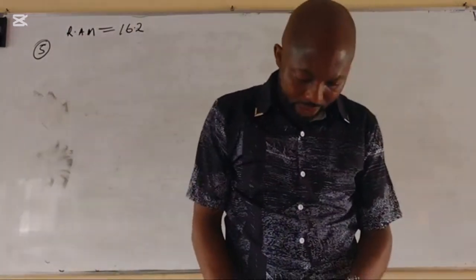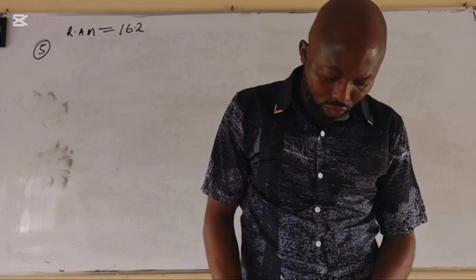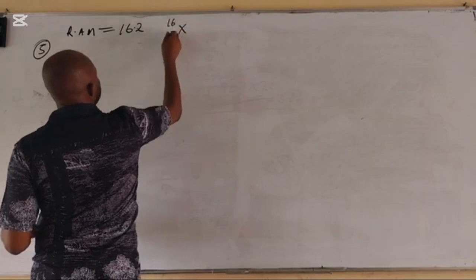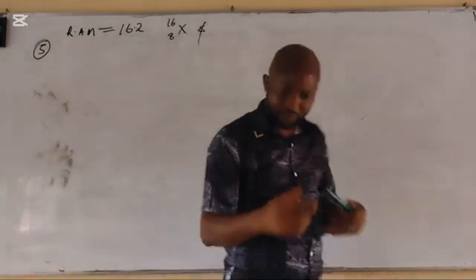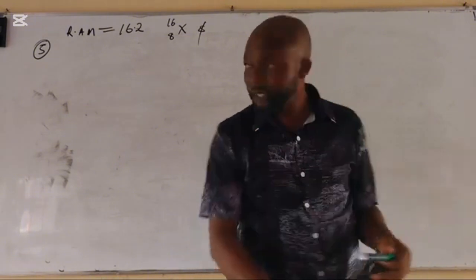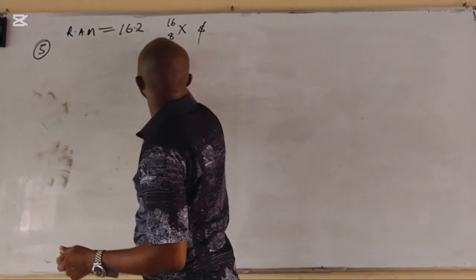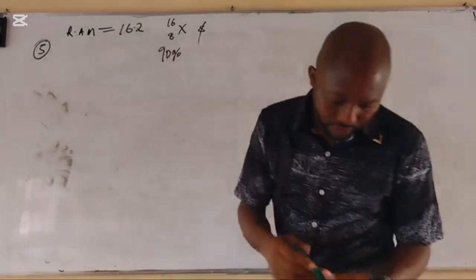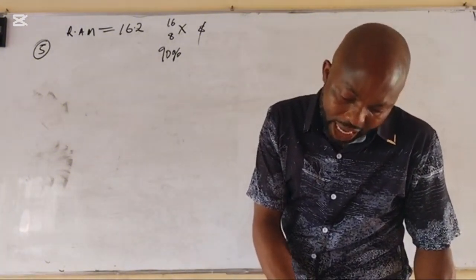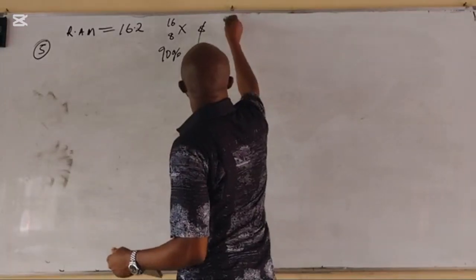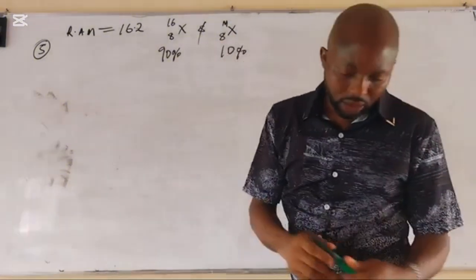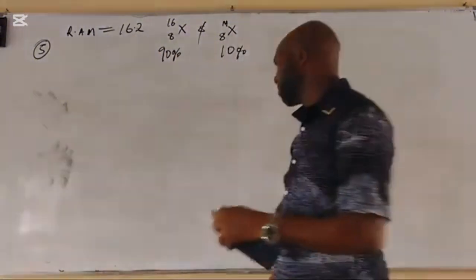An element X with relative atomic mass of 16.2 contains isotopes 16X and NX, with 16 having a relative abundance of 90%, and N having a relative abundance of 10%. What is the value of N?